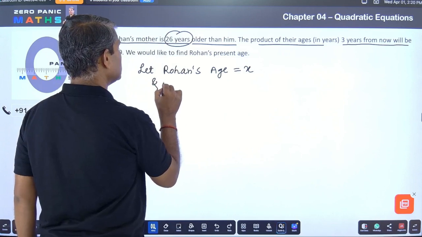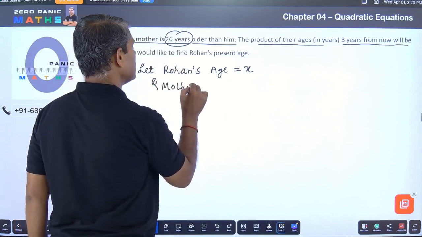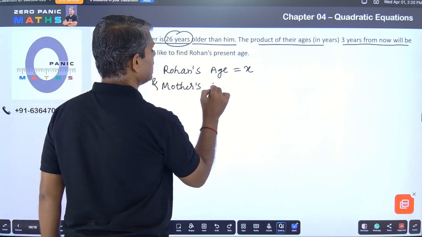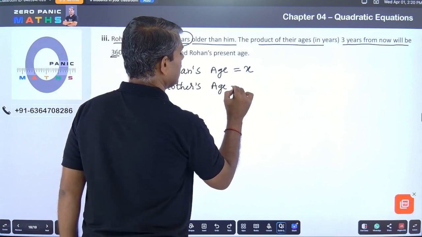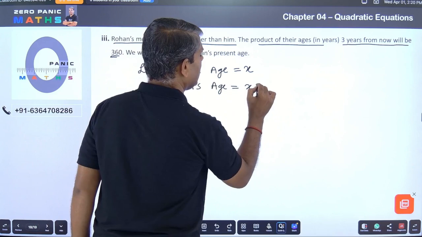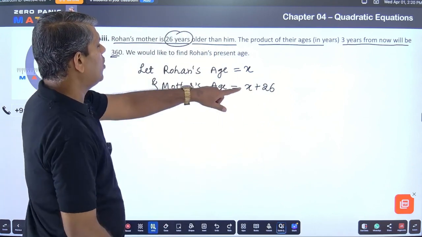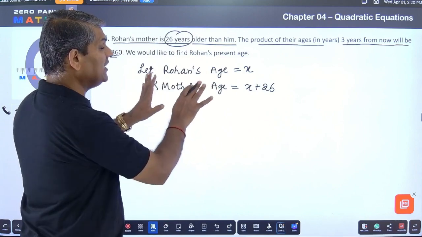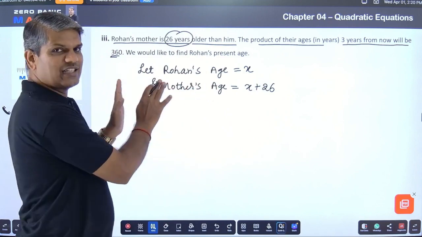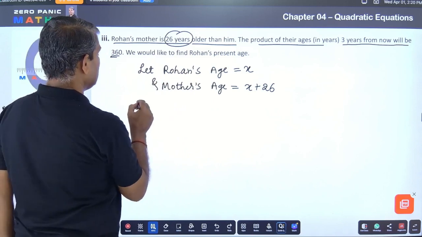And mother's age is x plus 26, because they told us she is 26 years older than Rohan. This is their current age.